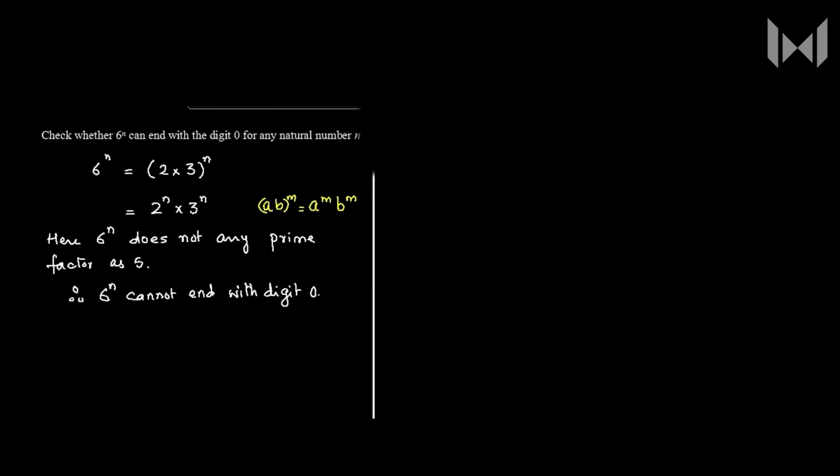Now, talking about the next one, explain why these numbers which are given in the question are composite numbers. We know that the difference between composite numbers and prime numbers is that prime numbers can be factored only as one or the number itself.